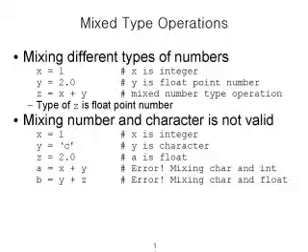So you can mix numbers of different types, but you cannot mix a number and a character when you perform arithmetic operations. You will get a syntax error if you do so. The compiler or the interpreter will tell you that it is illegal to add a number with a character.